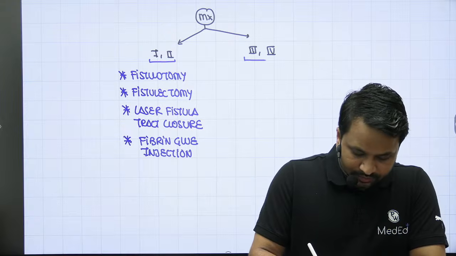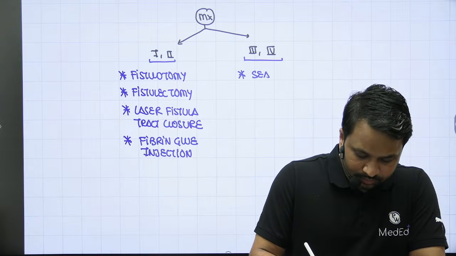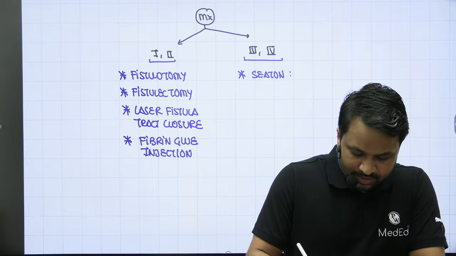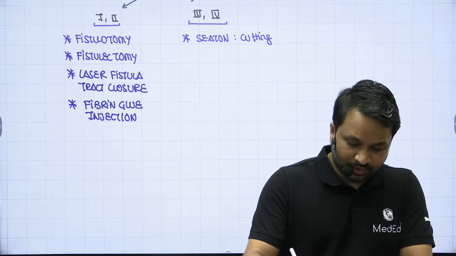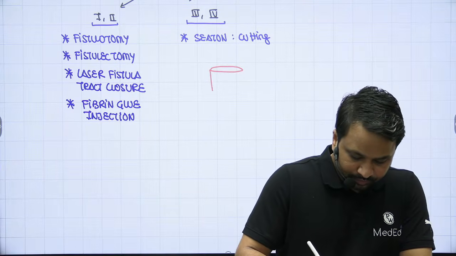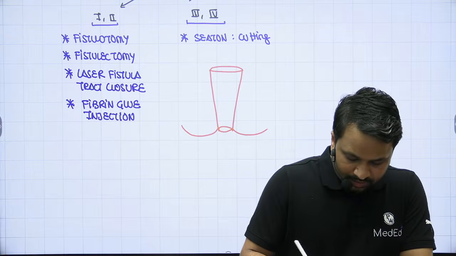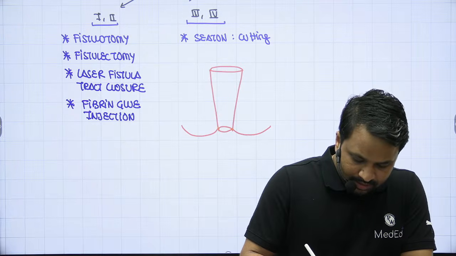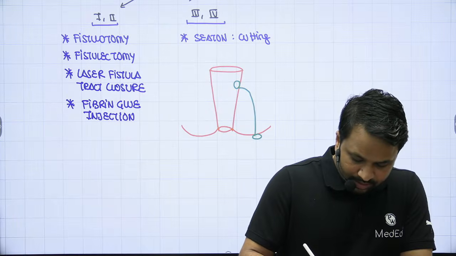Then for type 3 and type 4, you will go ahead with a seton. It's a seton placement, which is usually a cutting seton. So the basic concept of this cutting seton is, this is the perianal skin that you have, and there is the opening of the tract here, and the tract is going like this.